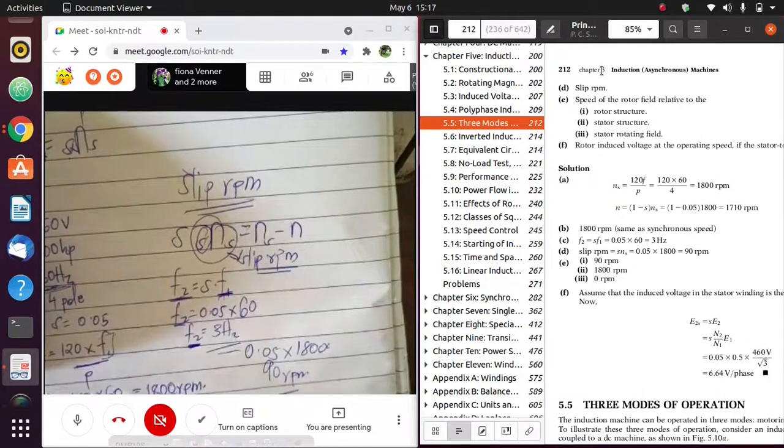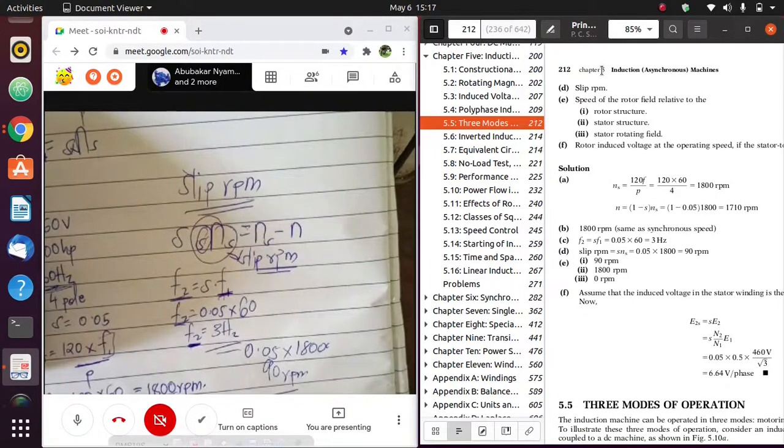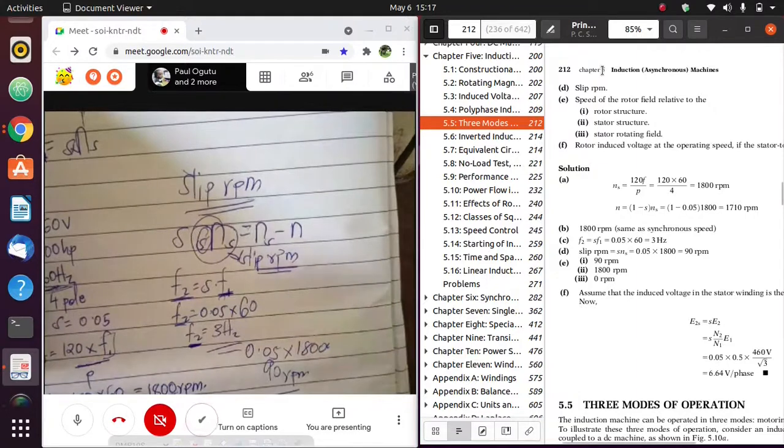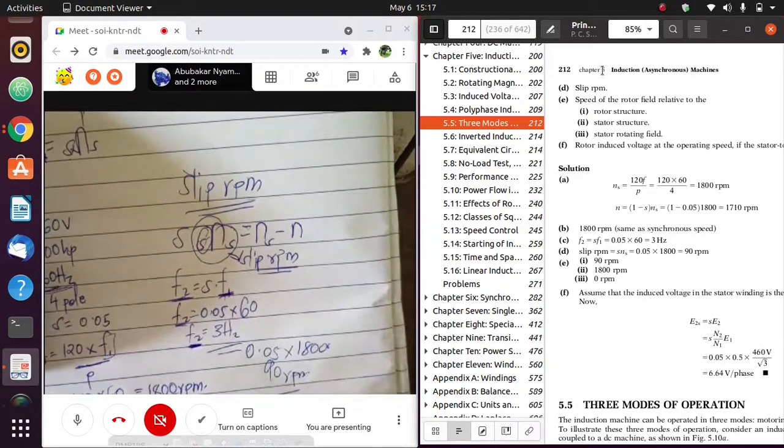If you take 120 times the frequency, which we have already found to be 3, over 4 poles, you'll get it, because that is the speed at which the rotor voltage and current are induced. So with that slip RPM, it will still give the same answer, 90 RPM.